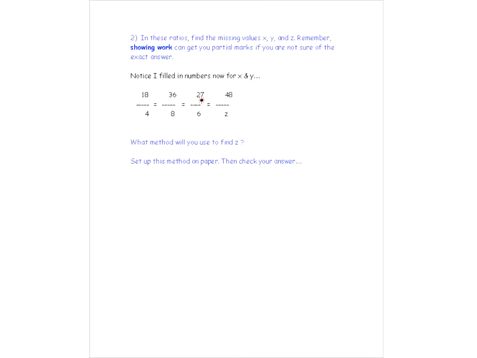Okay, so I actually filled in what x was and what y is, and so now we just need to find z. So what method do you think we're going to use to find z? Okay, so what I want you to do, now that you've decided which method it's going to be, set this method up on paper, and then I'll give you just a few minutes to do that, and then I'll go to the next screen and you can check your answer.